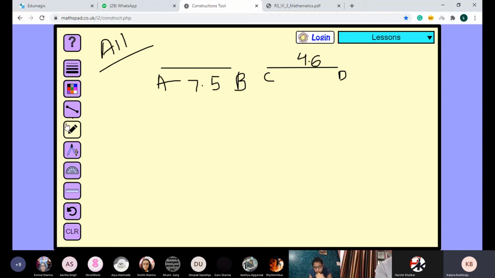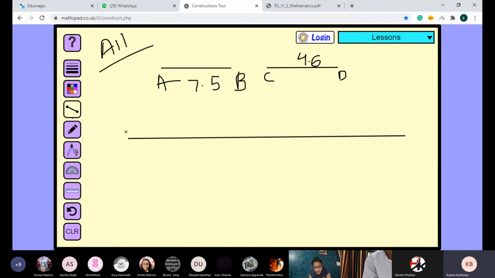Okay. Now you will construct a long line on which this AB and CD both need to be combined. We have to add both. PQ is the length.